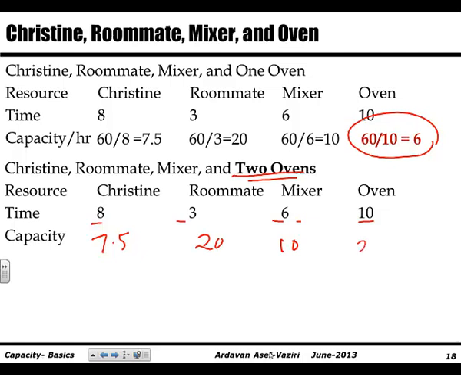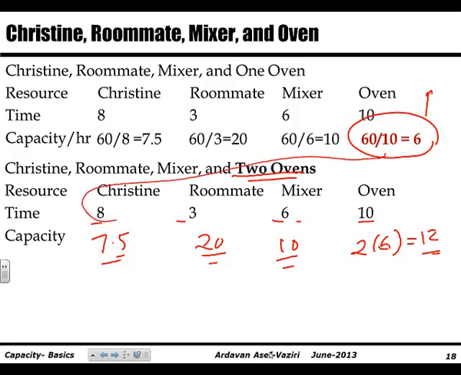Therefore, capacity is 2 times 6, which is 12. 7.5, 20, 10, 12. By doubling the capacity of the oven, capacity of the process doesn't go to 12 because the bottleneck shifts from the last operation to the first operation, which is Christine. Process capacity now is 7.5.